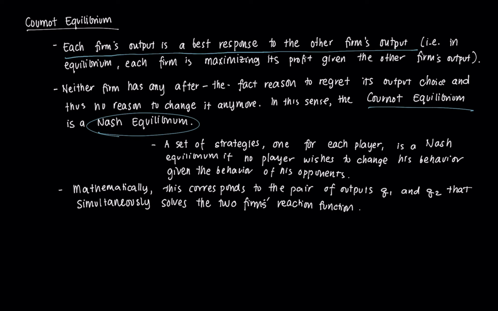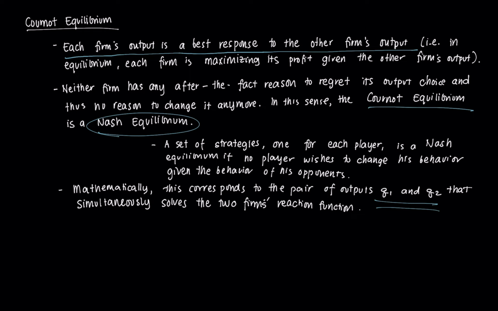Mathematically, this corresponds to the pair of outputs, Q1 and Q2, that simultaneously solve the two firms' reaction functions. It is obtained by substituting the rival firm's output reaction function into a firm's own output reaction function. We'll show how to do that in a specific problem in the next video.